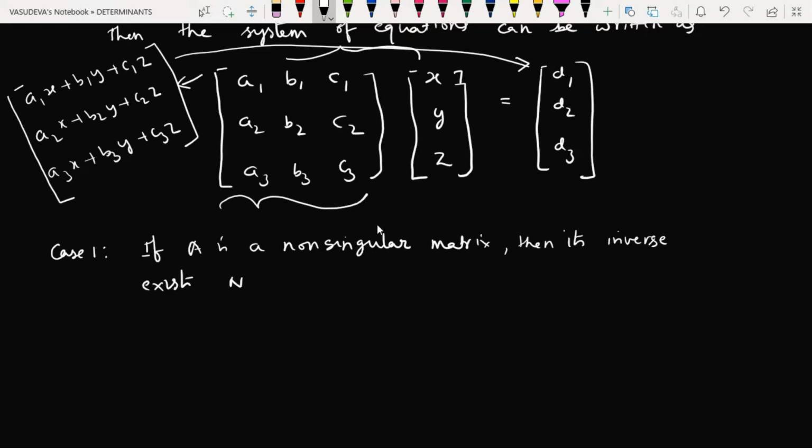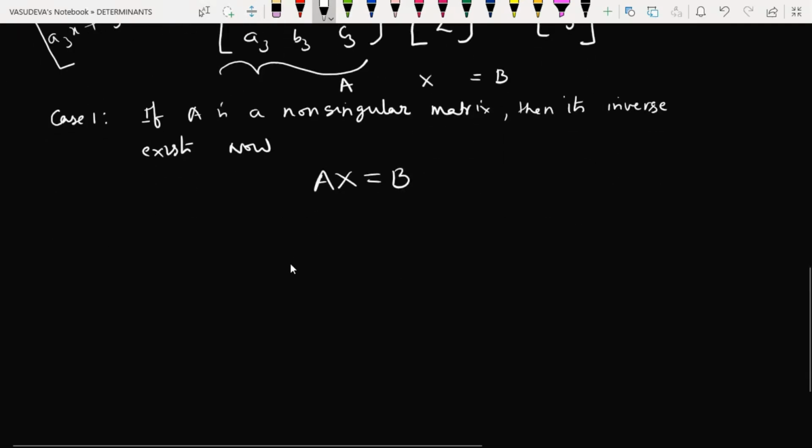So now let us take this as Ax equals B. Since A is non-singular, its inverse exists.